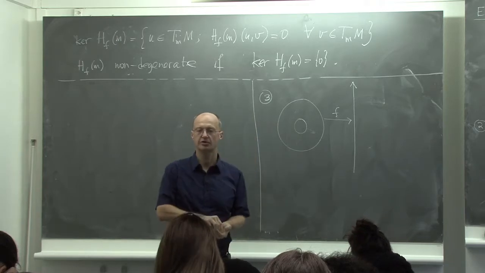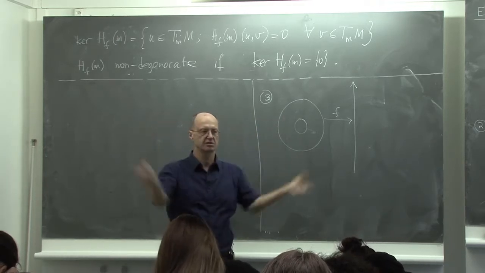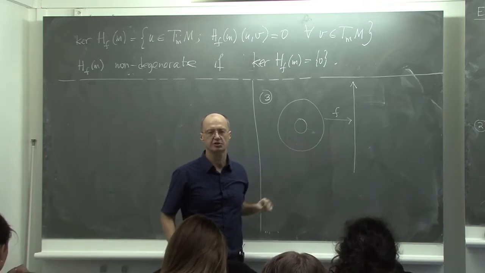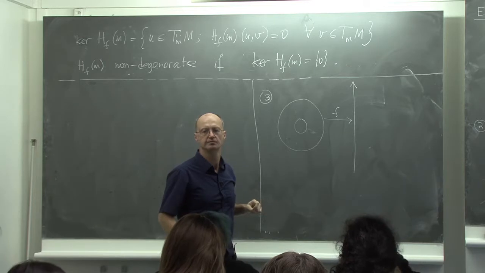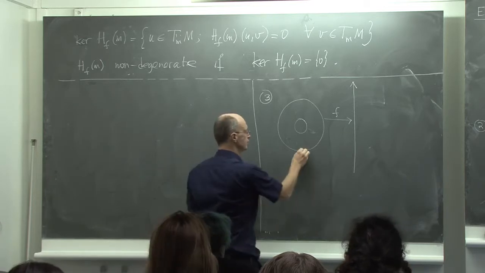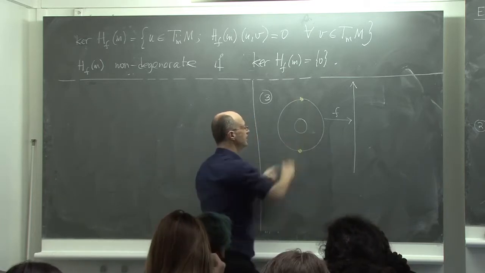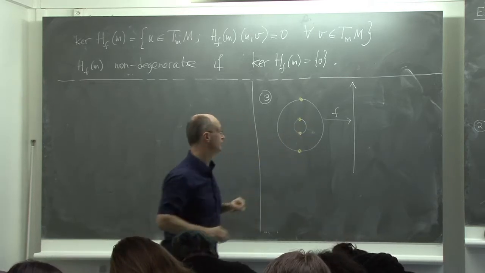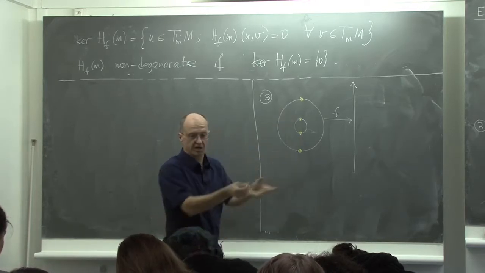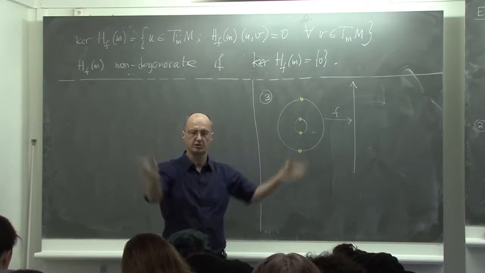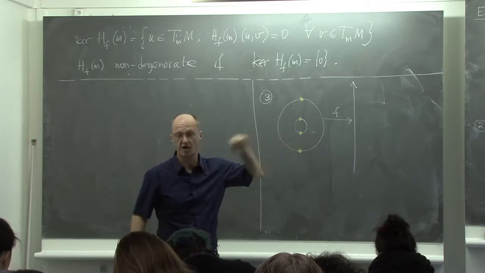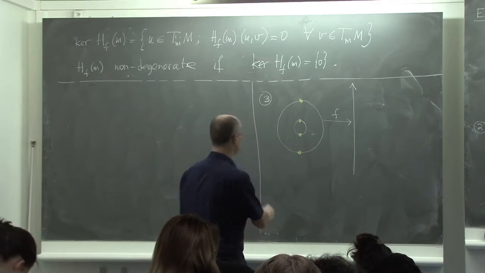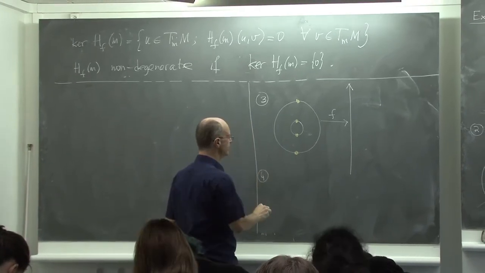What about the critical points here? Imagine that's a donut. What are the critical points of this projection? Certainly this one and that one and similarly here. So there will be four critical points. If it's a kind of solid torus, it's relatively easy with similar arguments to convince oneself this would be a Morse function.